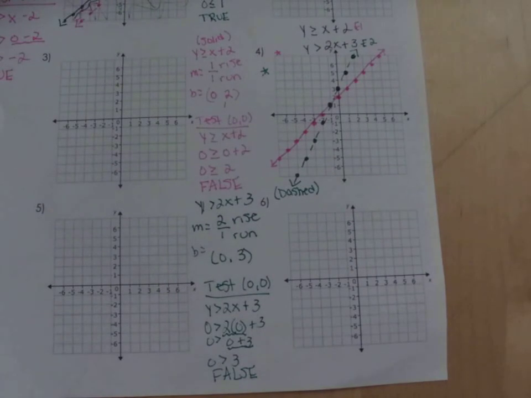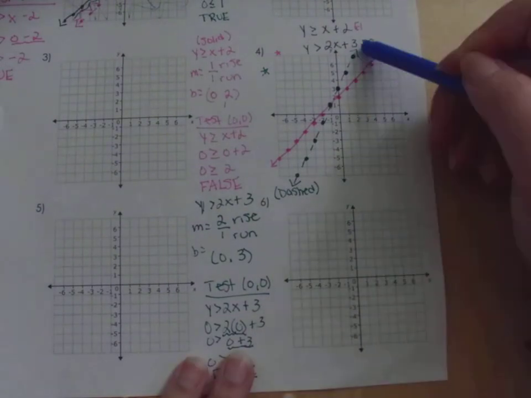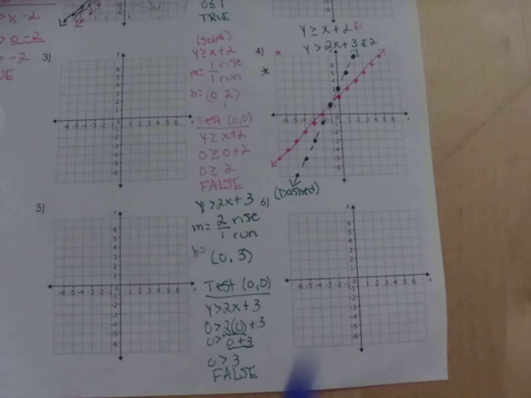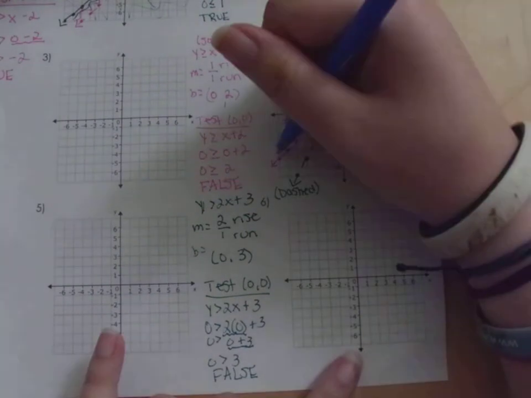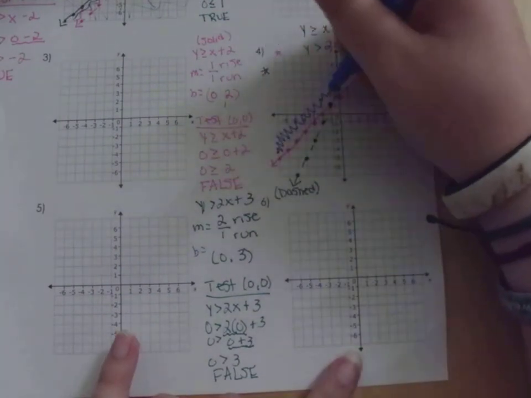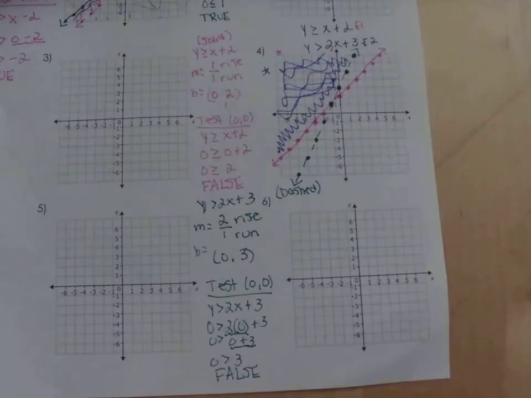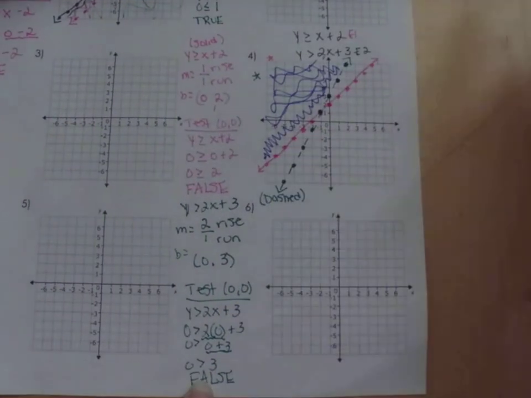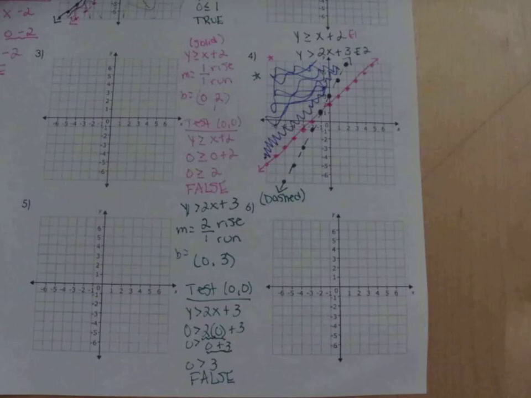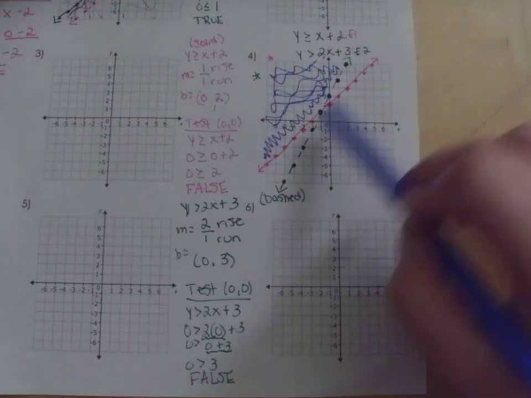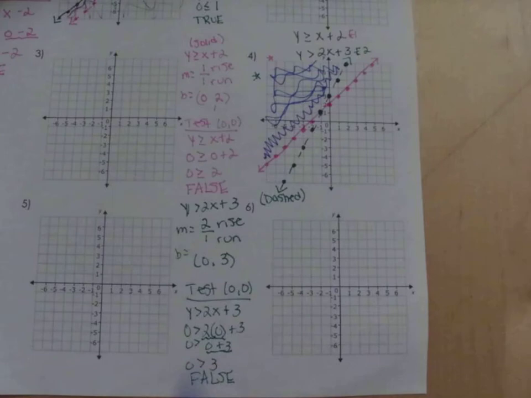But it's got to meet the criteria of the green line and the pink line. So we're only going to shade above the pink and the green line. So that's the common shade. And then we're done. I'm not going to shade with the pink and the green. I'm just shading where it works for both of them.